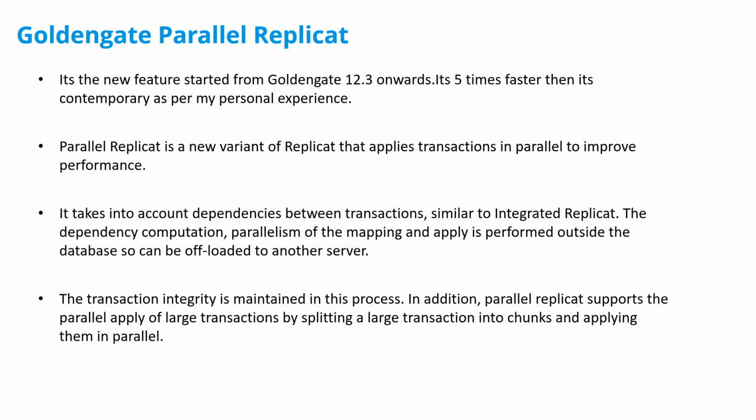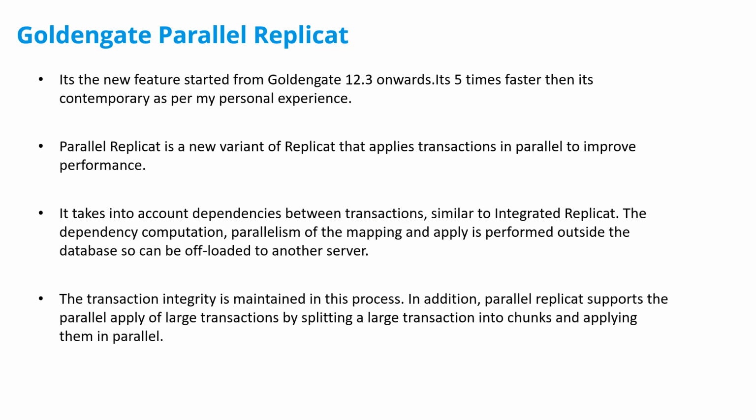Another major thing with parallel replicate is that it takes into account the dependencies between transactions, similar to integrated replicate. The dependency computation, parallelism of the mapping and applies are performed outside of the database, so they can be offloaded to another server.